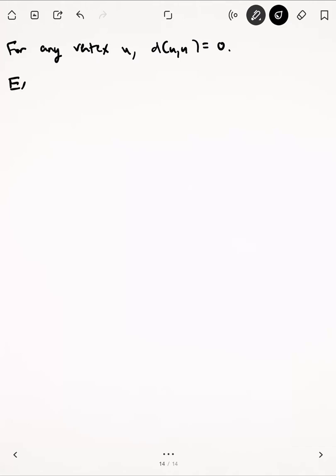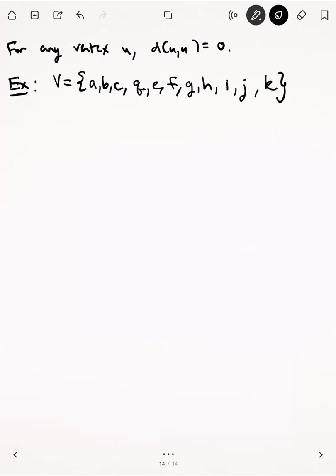Now for an example. Consider a graph with the following vertex set: A, B, C, Q, E, F, G, H, I, J. This is an odd example because they use basically the letters A through K except for D, because D is used to represent distance.